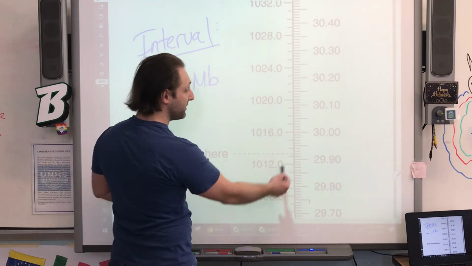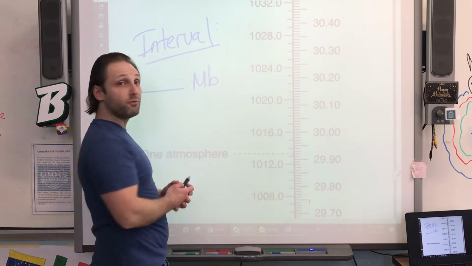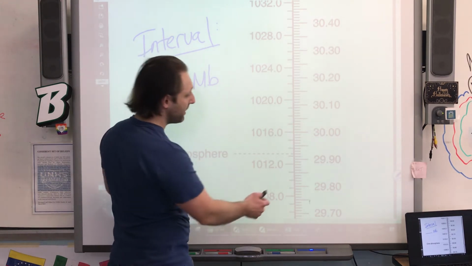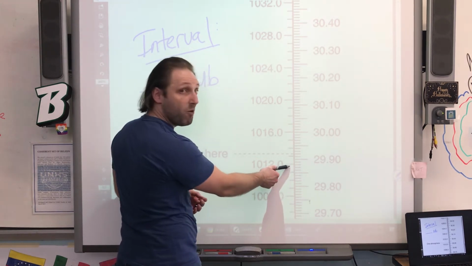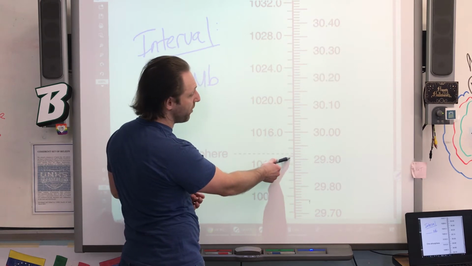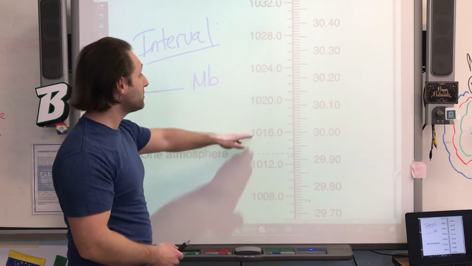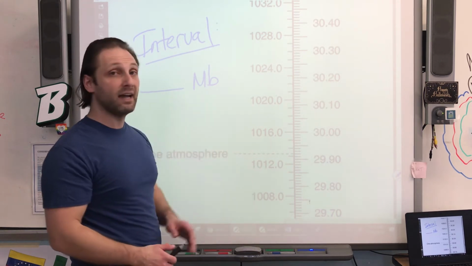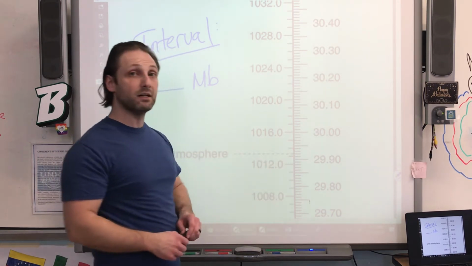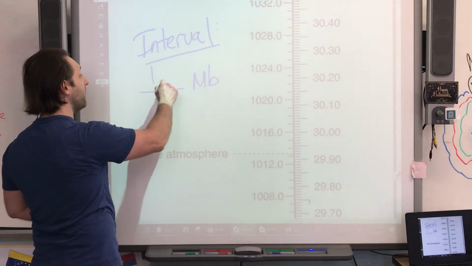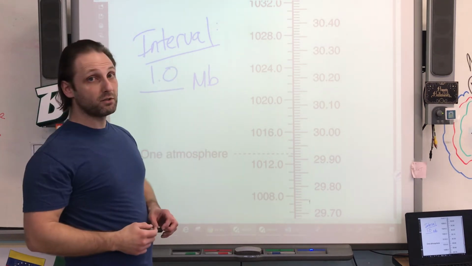If we were to solve the difference between them, you have a difference of 4 millibars. If we are to look at how many gaps are in between, we have 1, 2, 3, 4. I think this is going to make it pretty easy. So each line, smaller tick line here, is going to count up by 1.0 millibars.